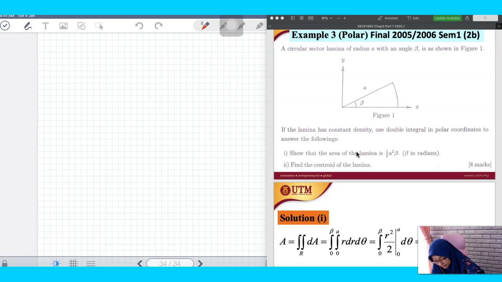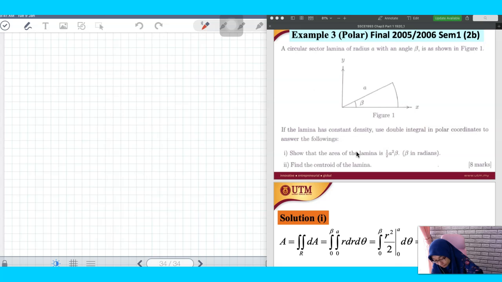But now look here. You have learned about area. You are given a region, and they ask you to evaluate or obtain the area of that region. So you can use the double integral, where the integrand is the constant 1, dA over the region.